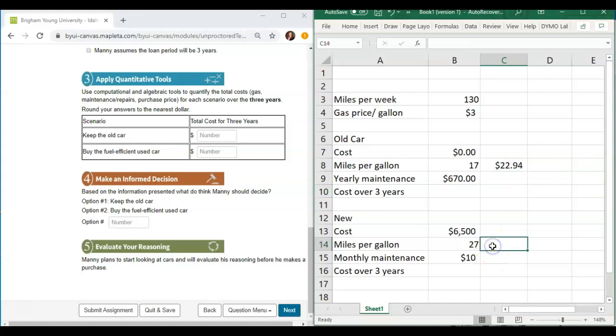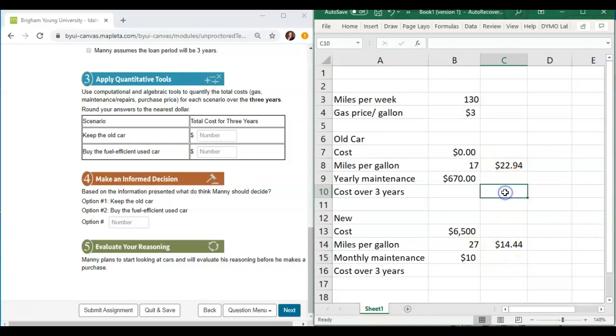Let's go ahead and find out how much he needs for the new car. So again, we're going to take our 130 miles per week, divide this by his fuel efficiency, which is 27, and then again we'll multiply by how much it costs per gallon, and that will be only $14 every week.